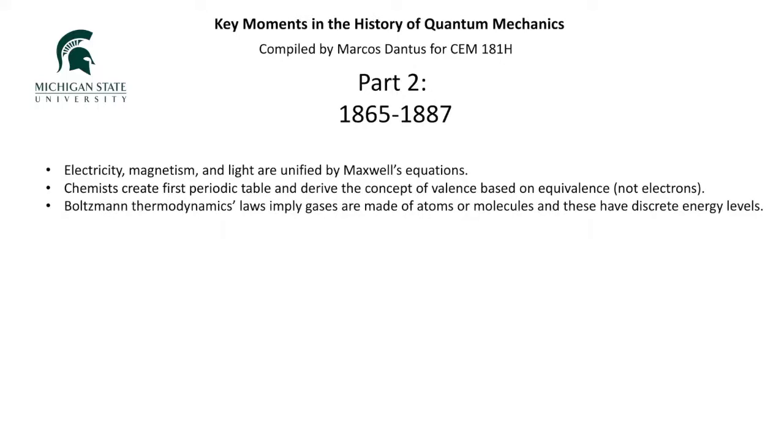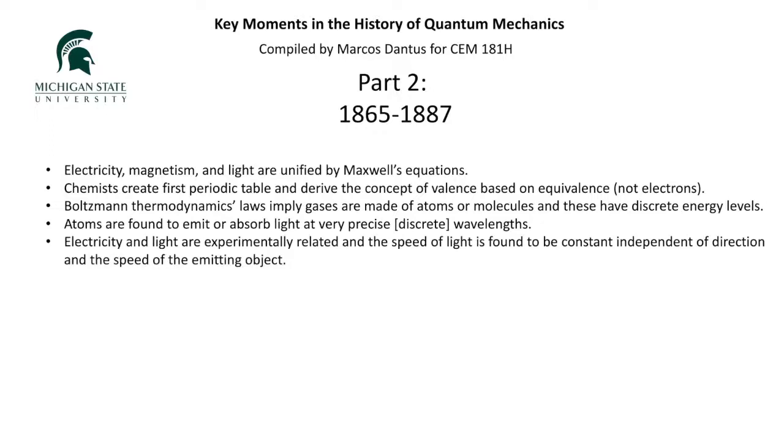Boltzmann's thermodynamics law implies that gases are made out of atoms or molecules and that these are likely to have discrete energy levels. That atoms are found to emit or absorb light at very precise or discrete wavelengths, and electricity and light are experimentally related, and that the speed of light is found to be constant independent of the speed of the emitting object.